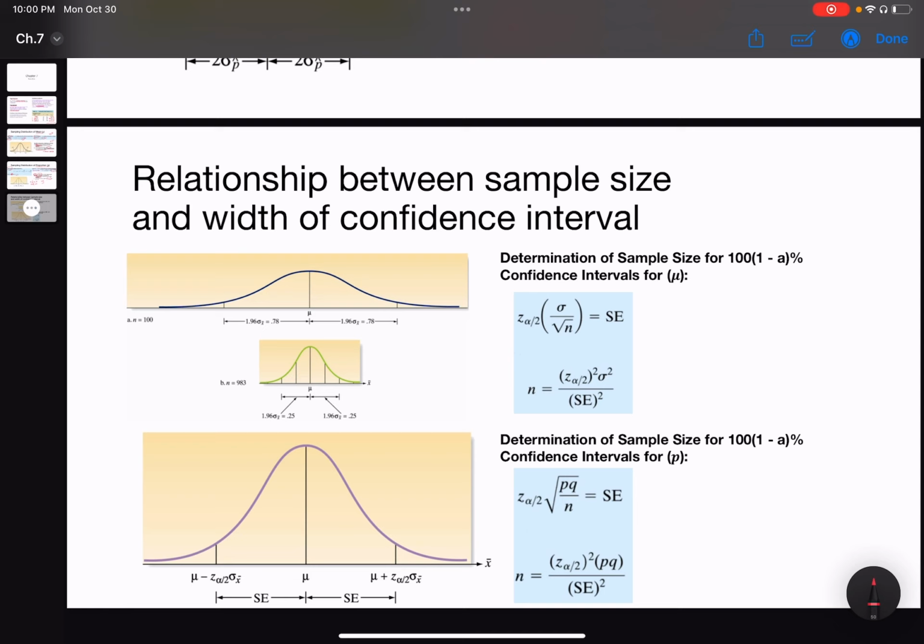Relationship between sample size and width of confidence interval. We can also calculate the n using sampling error, which is basically z at alpha over 2 times sigma over square root of n.